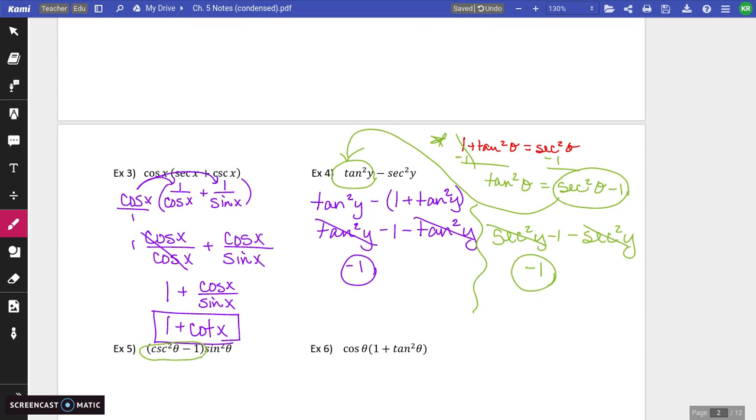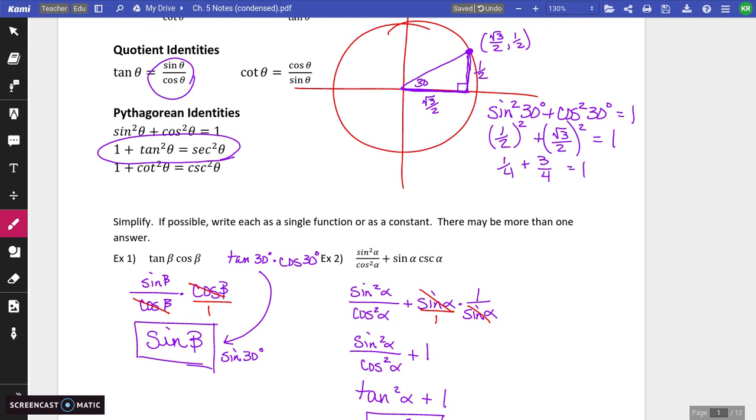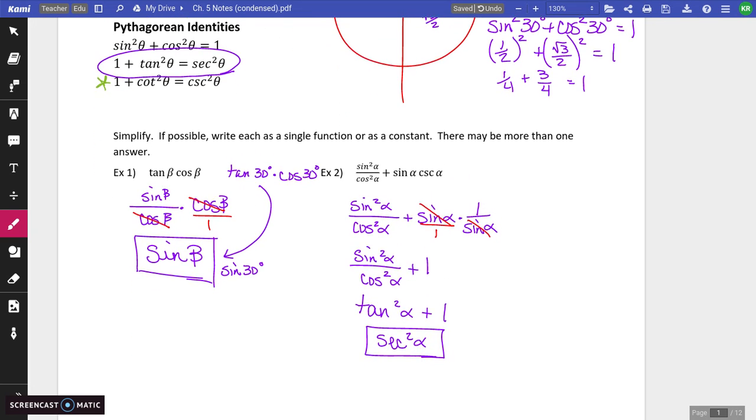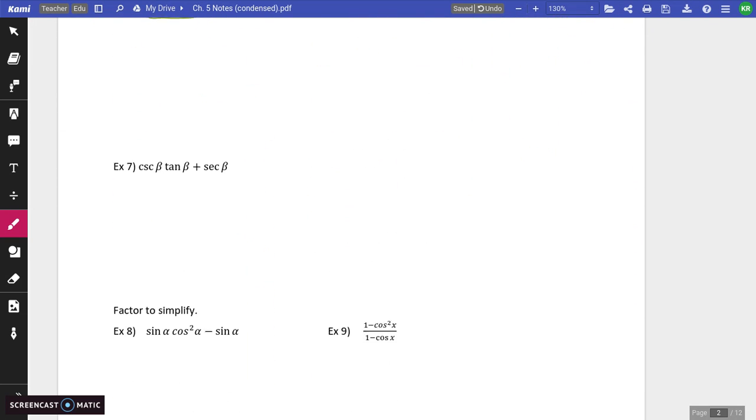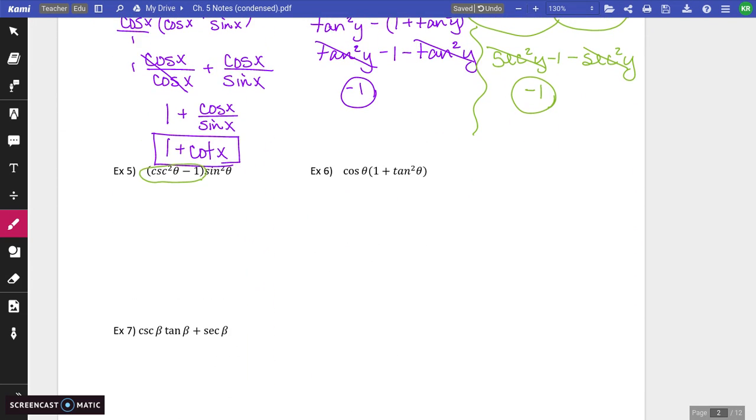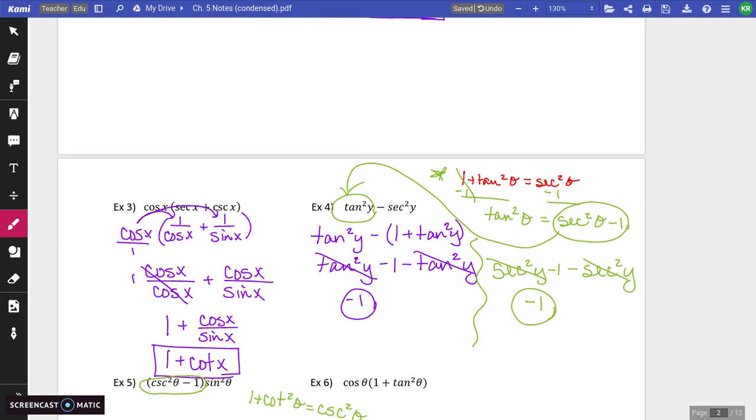Well, this third one right here, 1 plus cotangent squared equals cosecant squared. I'm going to jot that down. So 1 plus cotangent squared theta equals cosecant squared theta.